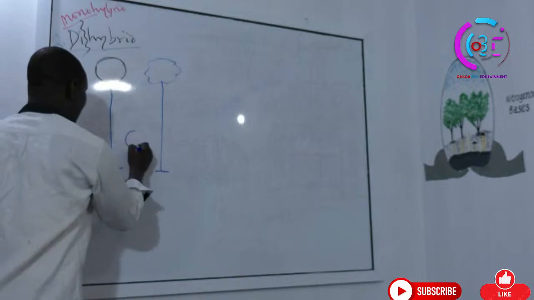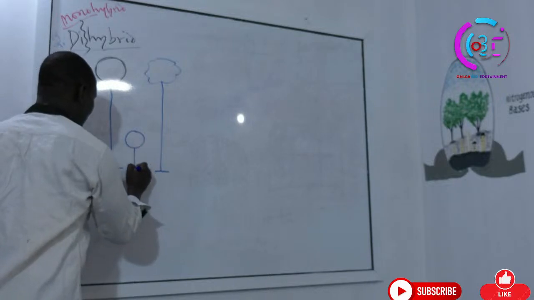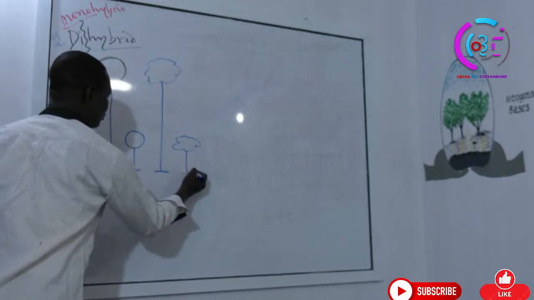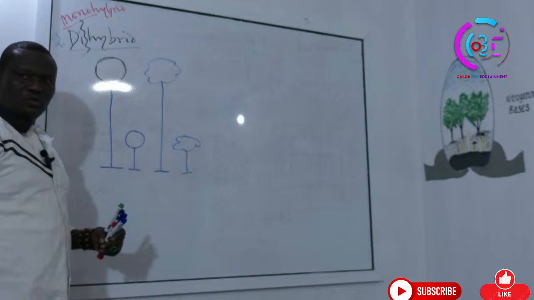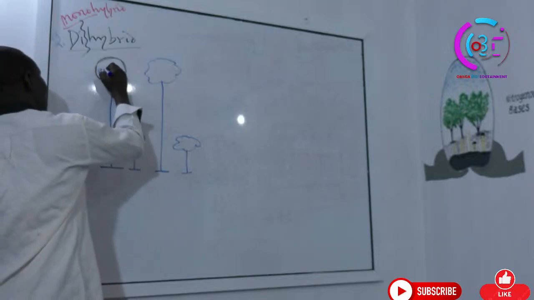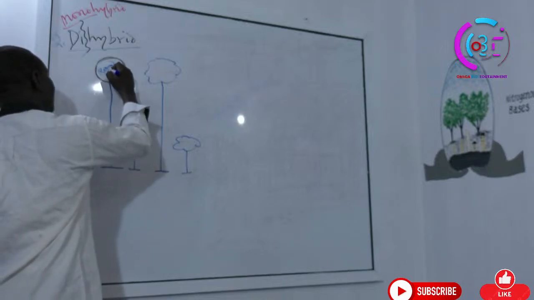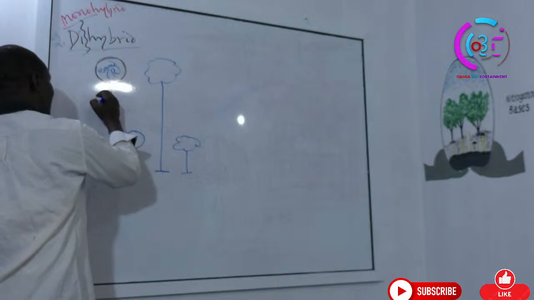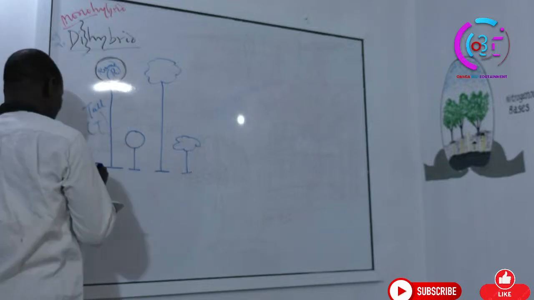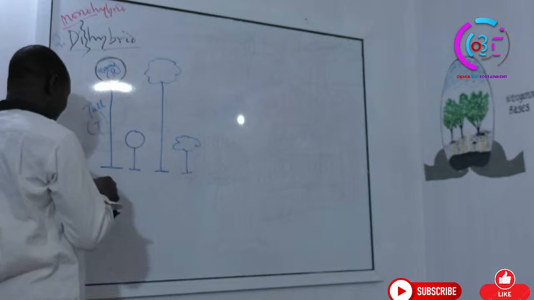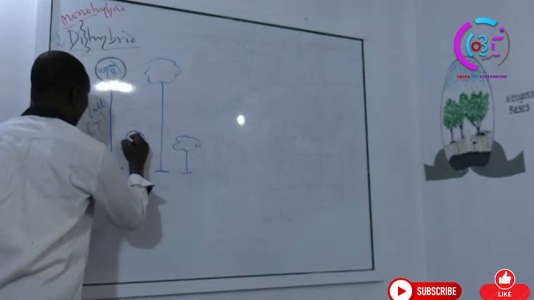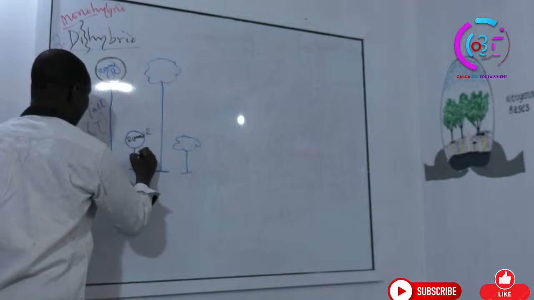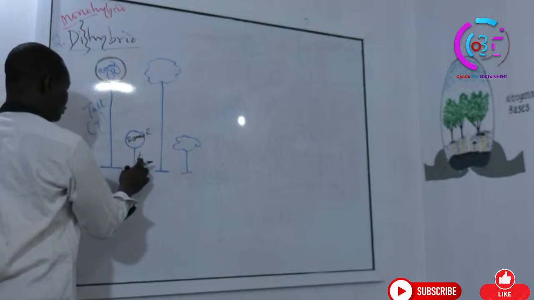So it can be round but short. It can be wrinkled, also short. So this one is round, which is represented by capital letter R. Then the height is tall, which is represented by capital letter T. Then again, it can be round, R, but short, that is small letter t.